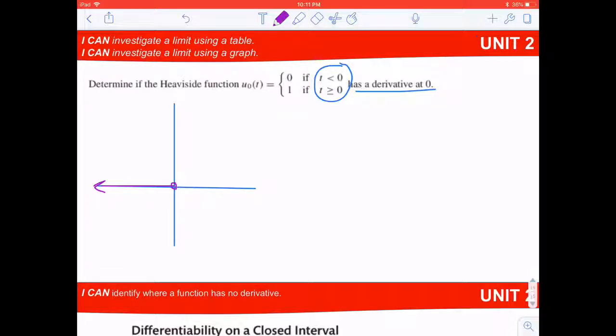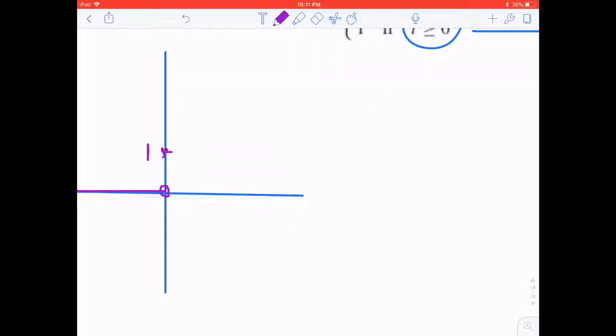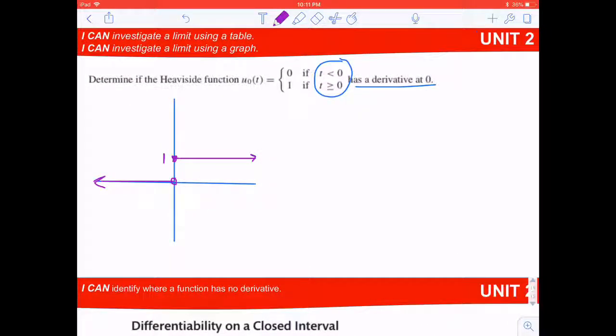And then if t is greater than or equal to 0, we're going to be at 1 that whole entire time. So this is what the function looks like. What is happening when x is equal to 0? We have a discontinuity because there's a jump discontinuity. Therefore, the derivative at 0 does not exist.